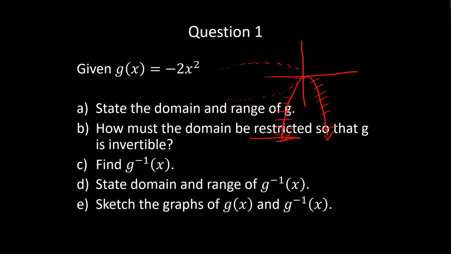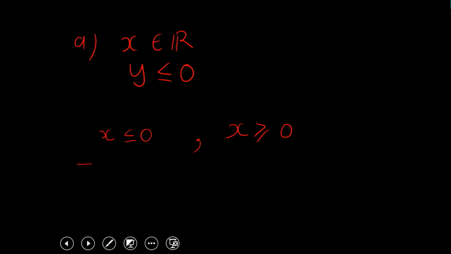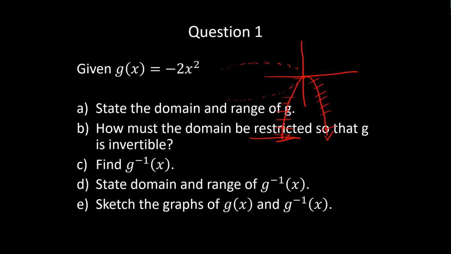By restricting that function, I will then get one single arm on the inverse graph. So how must the domain be restricted? Well, it can either be restricted to x is less than or equal to 0, or we can restrict it by saying x is greater than or equal to 0. And that will then produce a graph of the inverse, which will be a function.